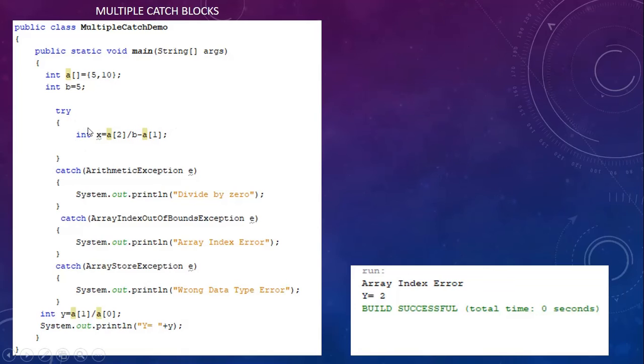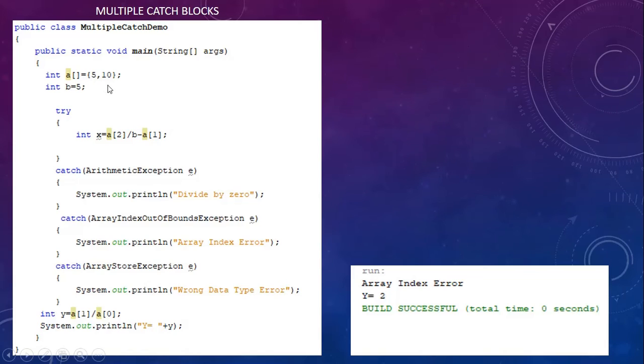In this particular try block, x is calculated as follows: x equals a of 2 divided by b minus a of 1. Now when I say a of 2, I am trying to access the array a.